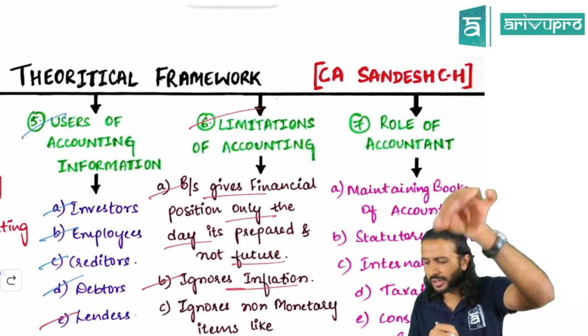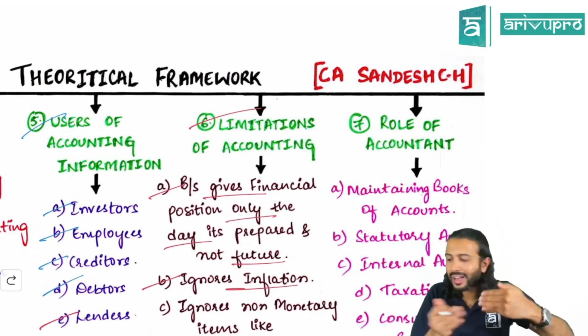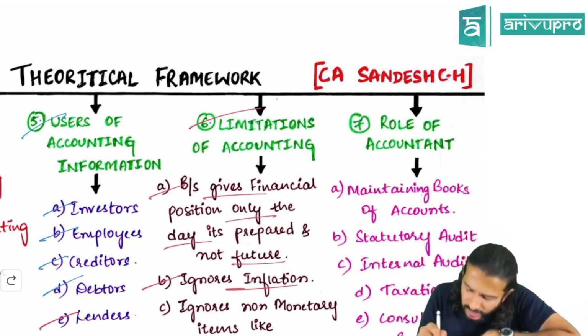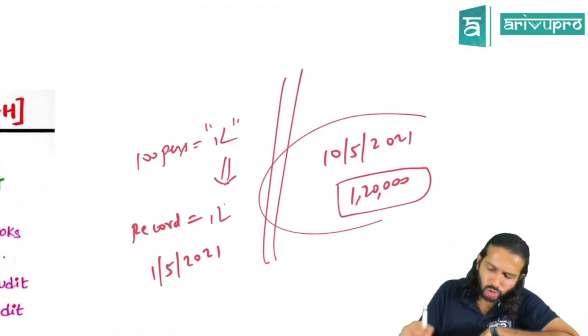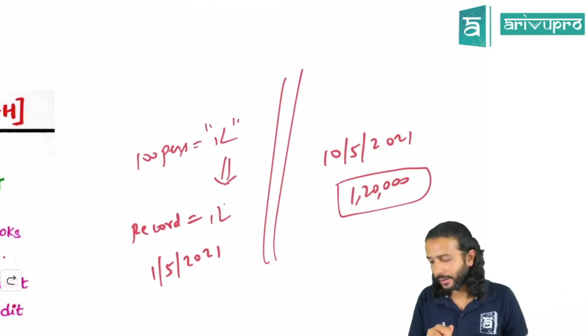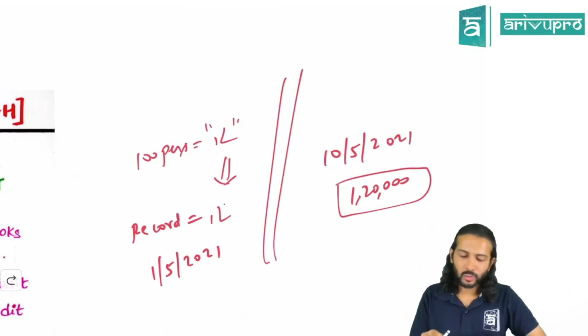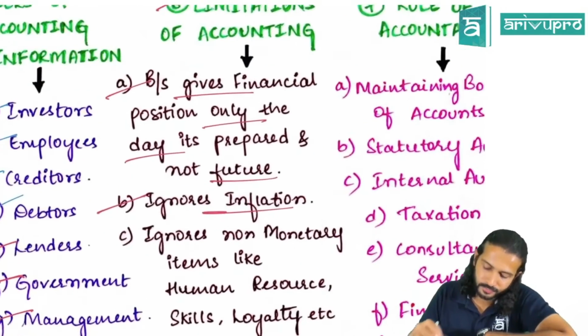However much you paid, that much only will be accounted in records. So it will not give you market data or realistic data. So it ignores inflation, we can call it. After you purchase the goods, whether the price increases or decreases becomes irrelevant. That is what we mean by it ignores inflation. That is not taken into account.